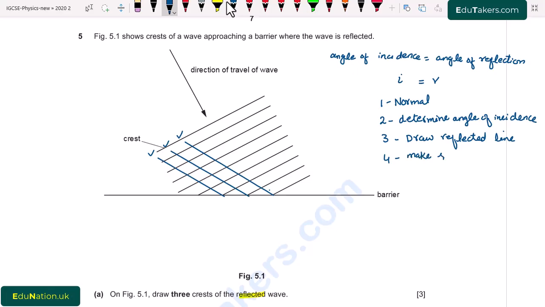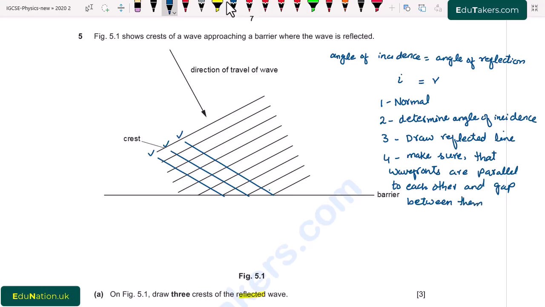Make sure that wavefronts are parallel to each other and the gap between them is the same.